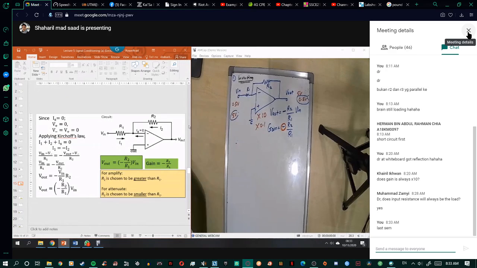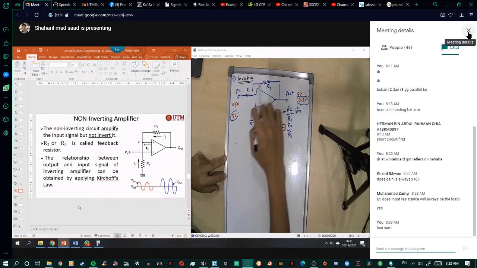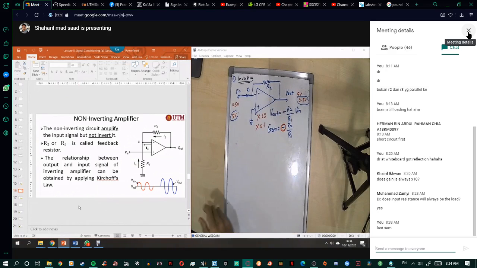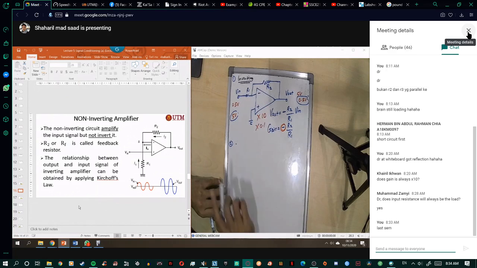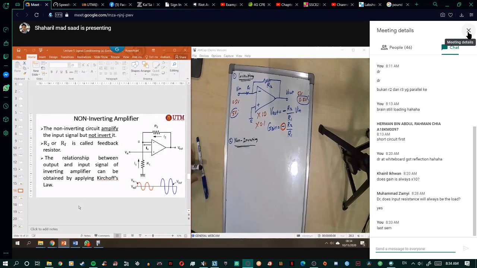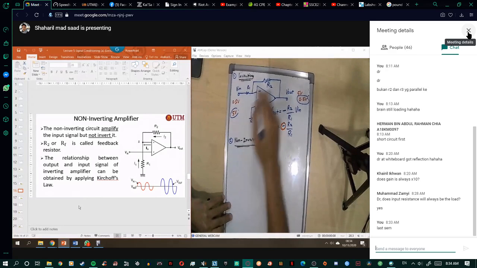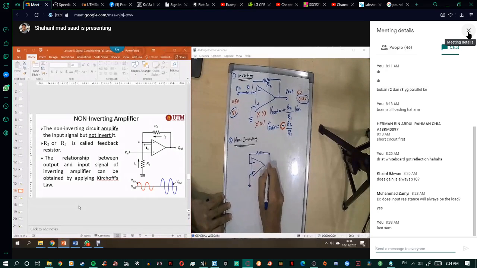Okay. This one is for the inverting configuration. All right. For the non-inverting amplifier, all the other configurations are from the inverting. Let's say we want to draw the non-inverting circuit. First of all, you just draw the inverting circuit first. It has the triangle here and the feedback resistor.